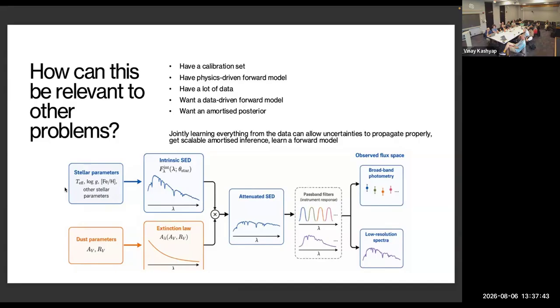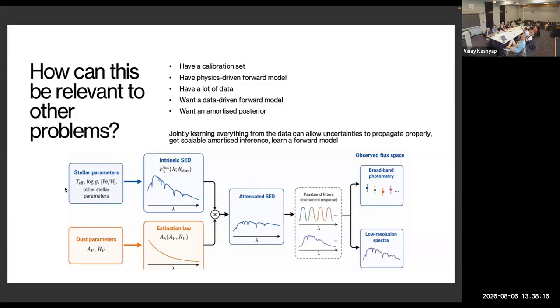The ultimate goal I want to set this in is when we have access to a calibration set, usually through spectroscopic labels from high resolution or medium resolution spectra, but we also have a physics-driven forward model. These are really common in stellar astronomy, where we have a model that describes, from these stellar parameters, how we forward model or simulate in a physics sense what the observed photometry or spectroscopy might look like.